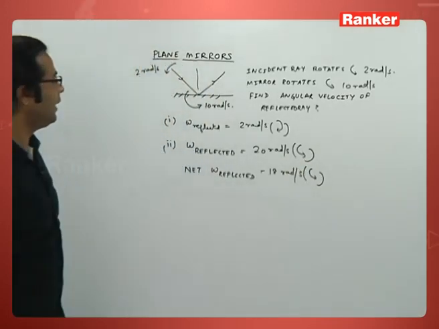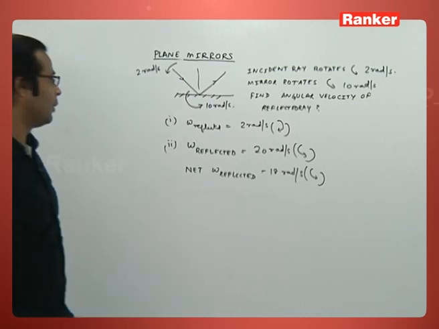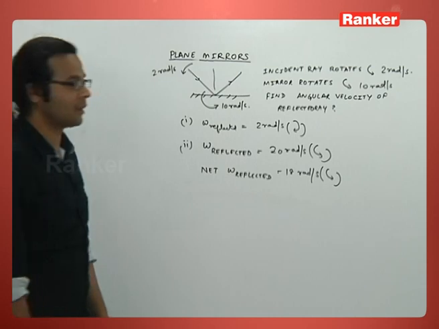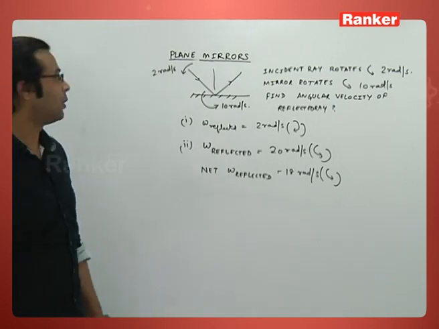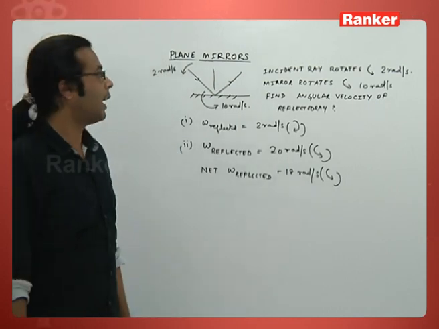So finally the angular velocity of the reflected ray will be 18 radian per second in the anti-clockwise direction. So this was all about the rotation of the mirror or the rotation of the incident ray.